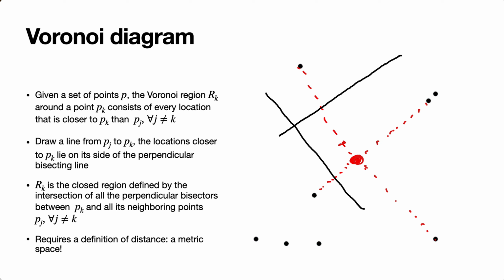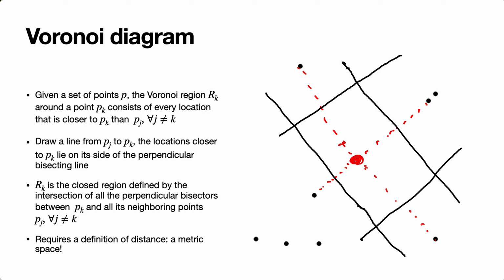That's for this one. And for this other data point here, maybe the bisecting lines like that. And for this data point here, maybe the bisecting lines like that. So these bisecting perpendicular lines define the region where anything that falls in this region is closer to this point than it is to any of the others we've defined.